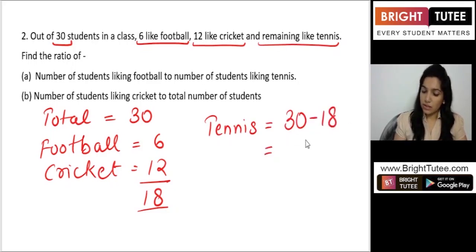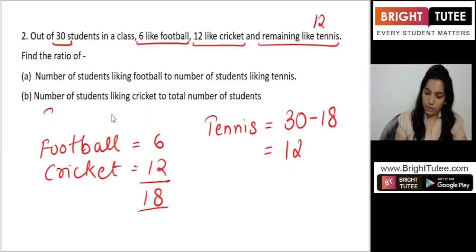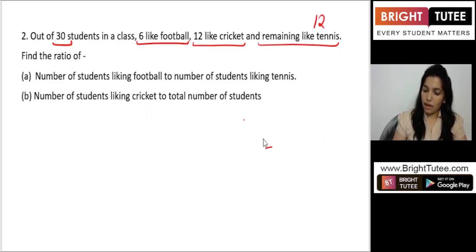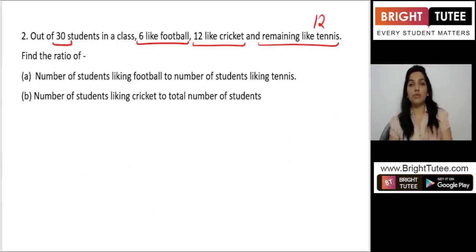The answer is 12. So 12 students like tennis. I hope this is clear. I'm just writing 12 over here, and we are going to erase this so that we can write the other answers here. I hope it is clear how we have calculated the number of children who like tennis. We are just taking away the number of students who like football and the number who like cricket out of the total.